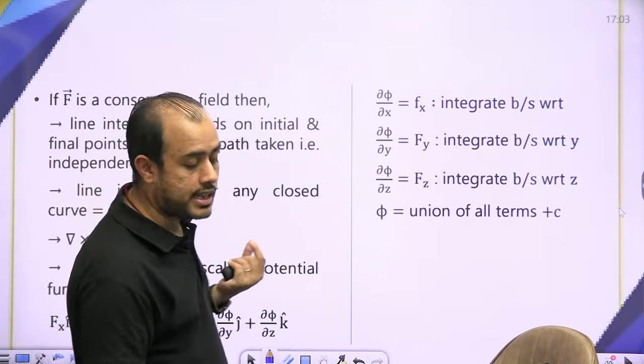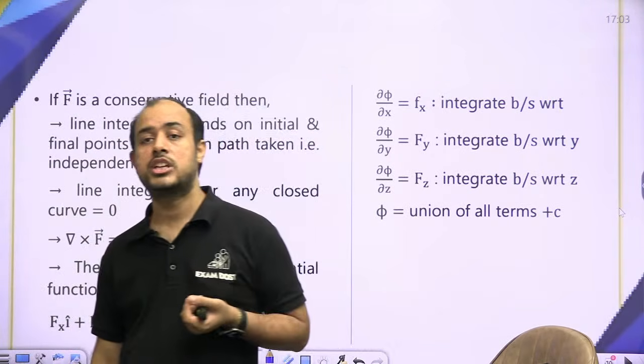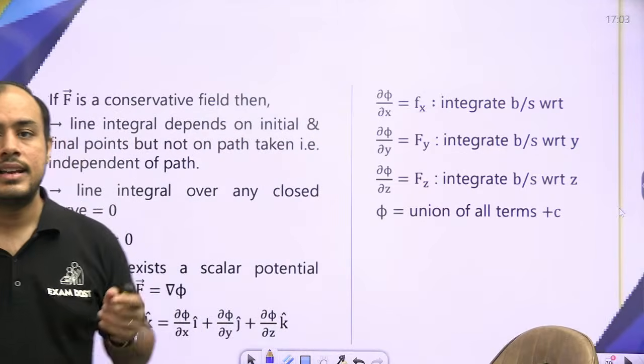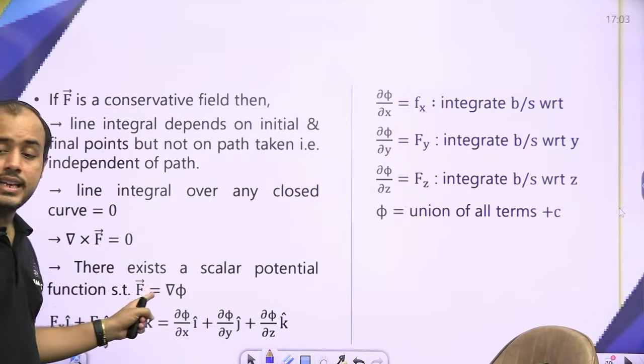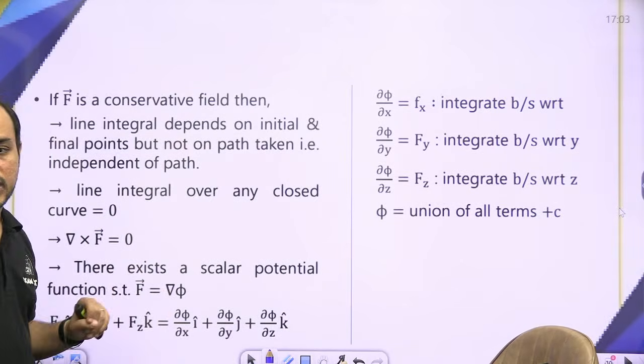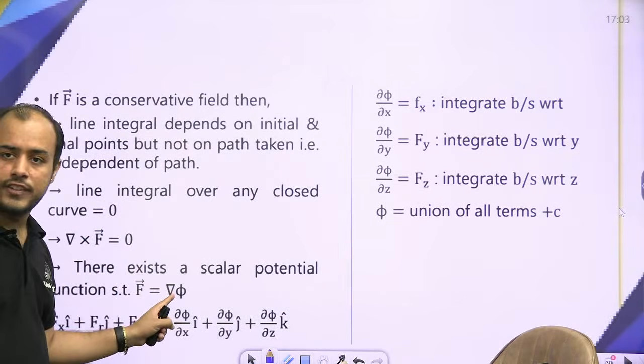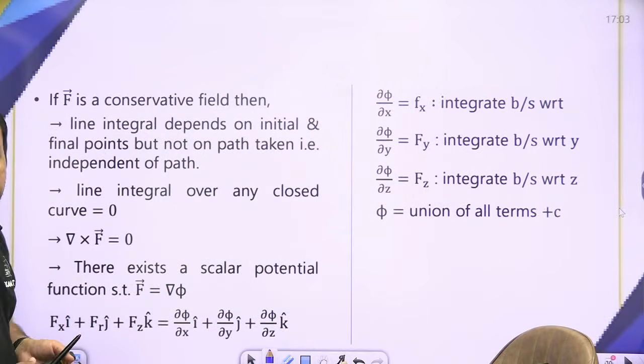So line integral depends on initial and final points, independent of the path. Line integral over a closed curve is 0, curl is 0, and there will be a scalar potential function such that the vector field is the gradient of the scalar function.